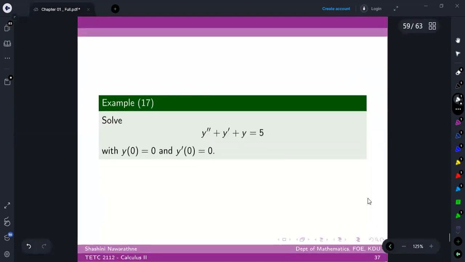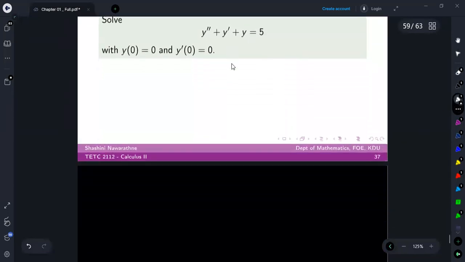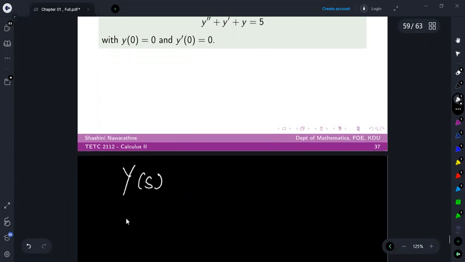And I will do one more example, since you will most probably get this type of problem in your exams. So here also, first you need to define what capital Y is, and then take the Laplace transform of both sides.